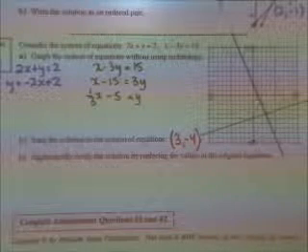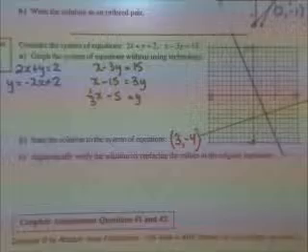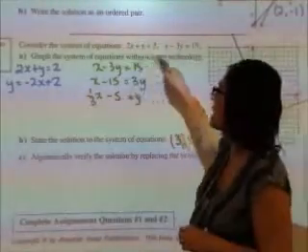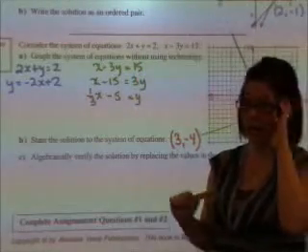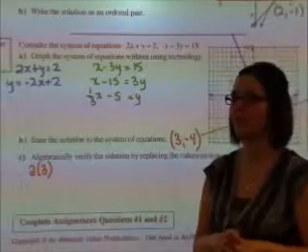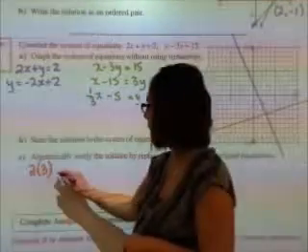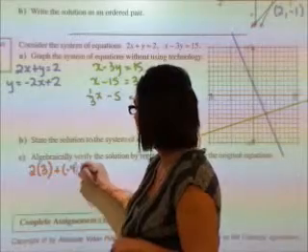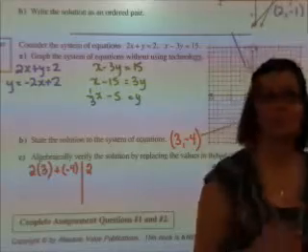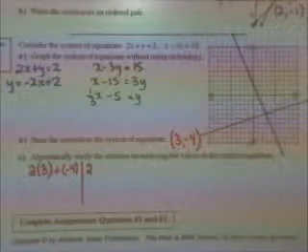So if I take a look at part C, it says algebraically verify the solution by replacing the values into the original equations. So that means if I put 3 and -4 into this equation, I want to see what I get. Where I see an x, I put a 3. Where I see y, I would have -4. I don't use the equal sign because I'm trying to verify, so I'm using left side, right side. So 2 times 3 is 6.